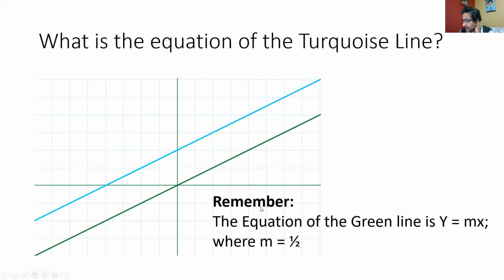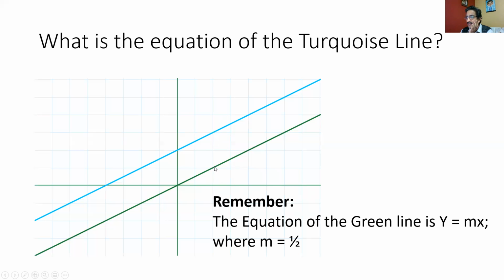Given a slope and x, can you figure out y is equal to 3? Given a slope and x, I can figure out y. How do you figure it out? Because y is equal to mx, right?